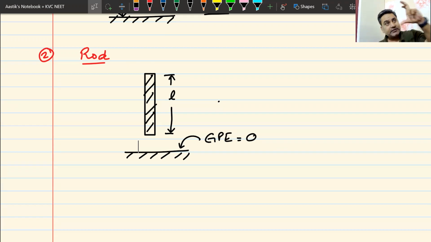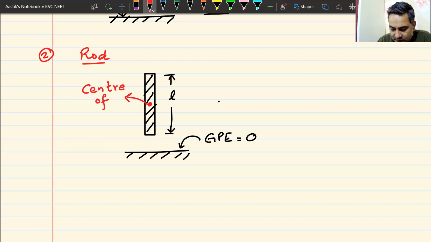So how do I find the gravitational potential energy of this rod? Remember, we look at the center of this rod. Instead of calling it the center of the rod, we have another term for it, which is known as the center of mass, which in case of a rod is the center of the rod.